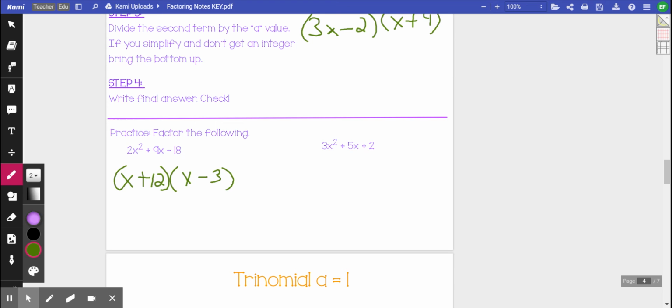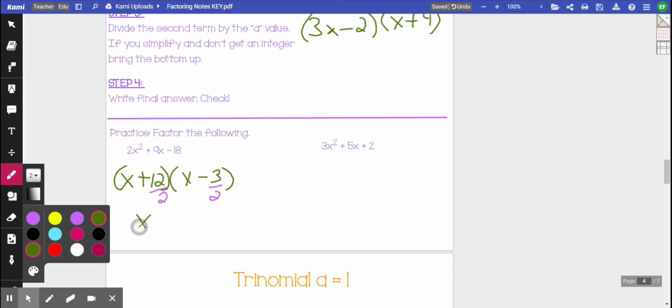We're going to have to divide each of those terms by our a values, and they're divide by 2 and divide by 2. X plus, this is going to turn into a 6. But it looks like here, 3 divided by 2 is not a whole number, so I've got to bring my bottom up. So this is going to make the final answer here 2x minus 3.